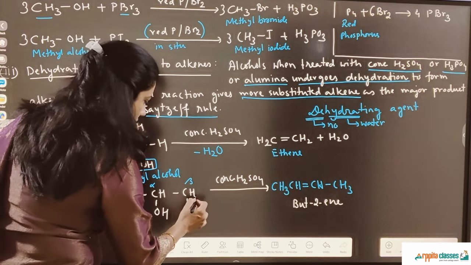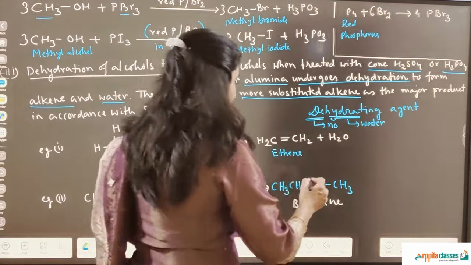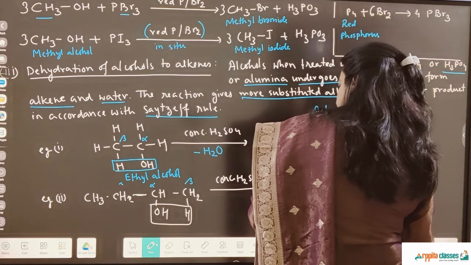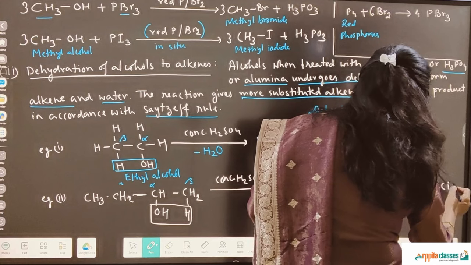If this hydrogen and this OH are removed, we get a double bond over here. So the product is CH3, CH2, CH double bond CH2.